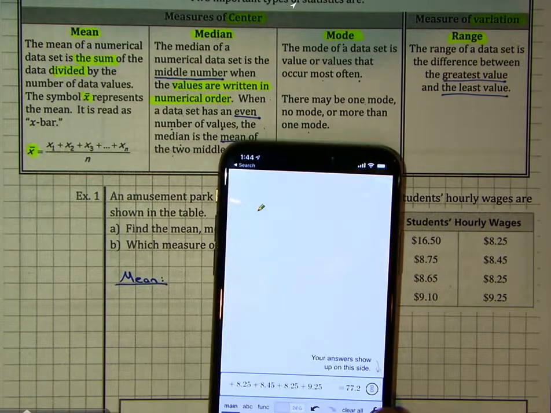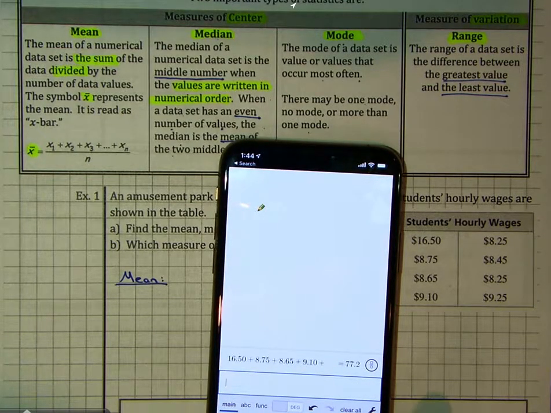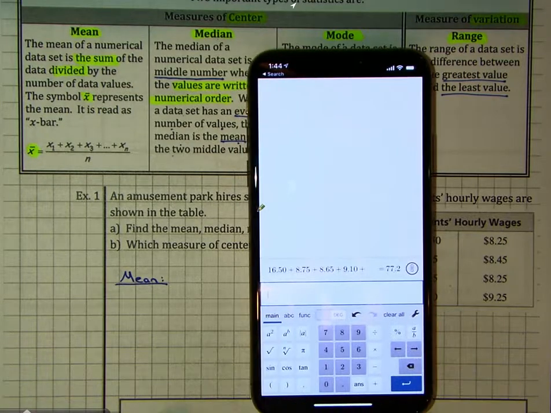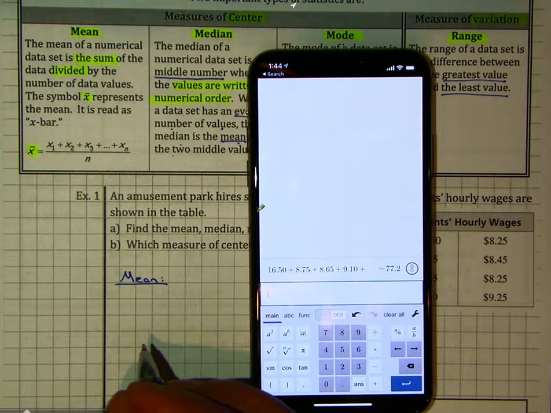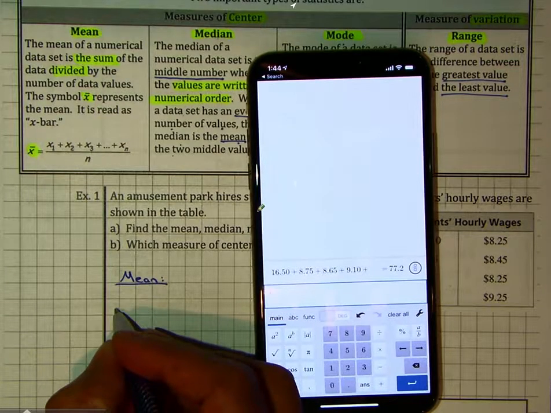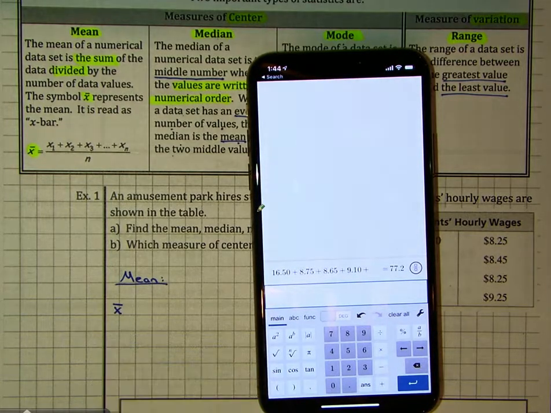And you should end up with 77.2. So therefore, we're going to write down x bar, so that way you get used to the notation.